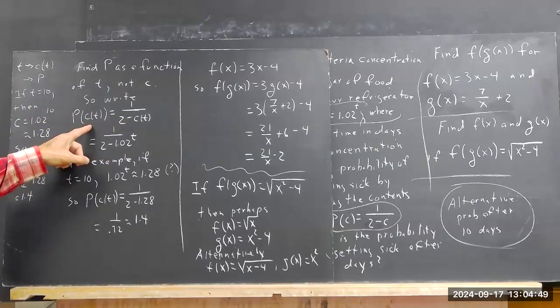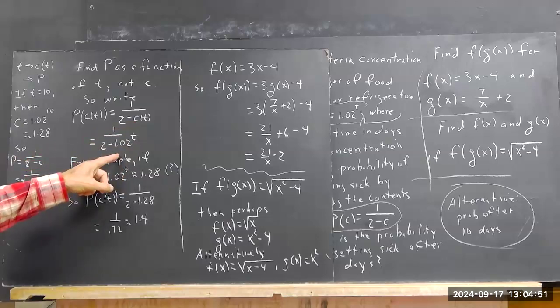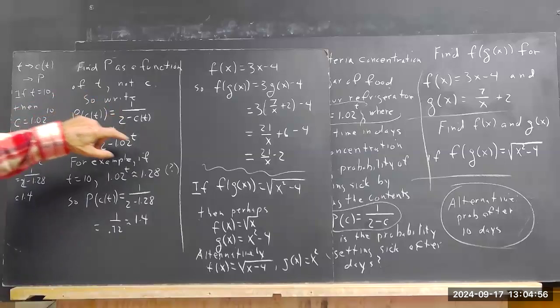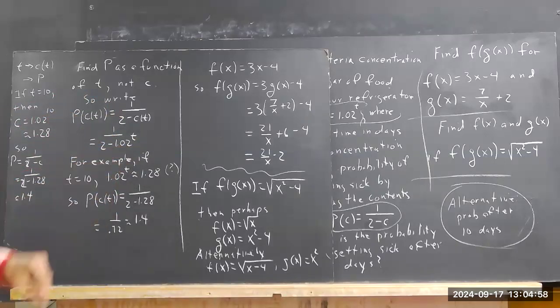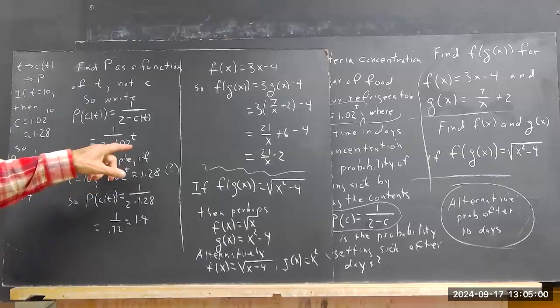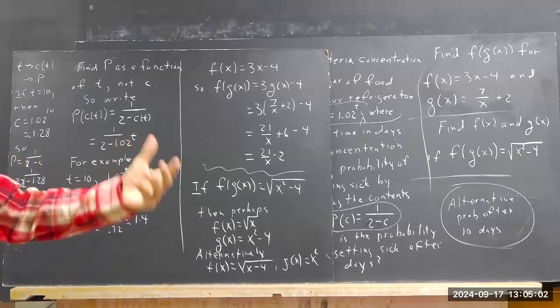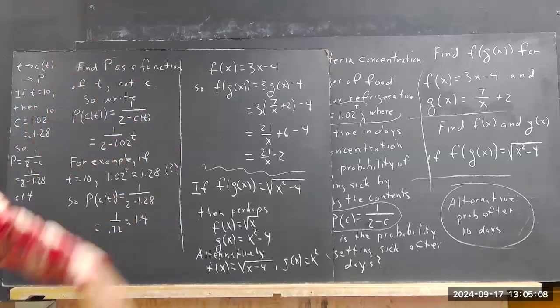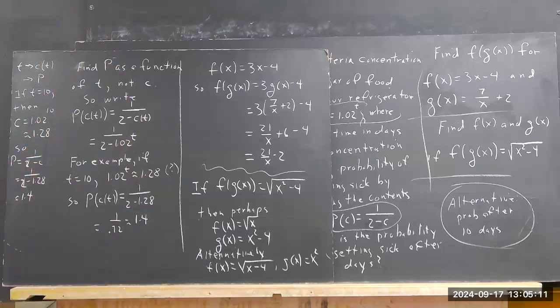And you get a composite function. Right there's your concentration. Right here is the probability of that concentration. Okay. And now you can evaluate that function for all kinds of different values. You go to Excel, if you know how to put that thing into Excel and do a spreadsheet that tells you the probability after each day.